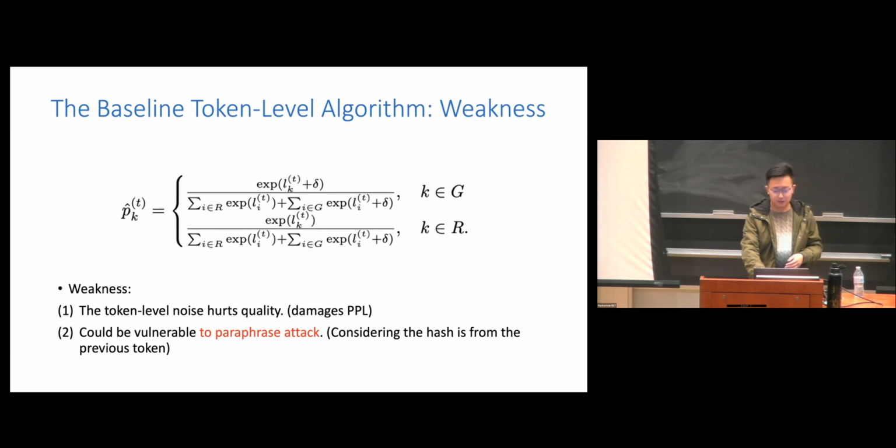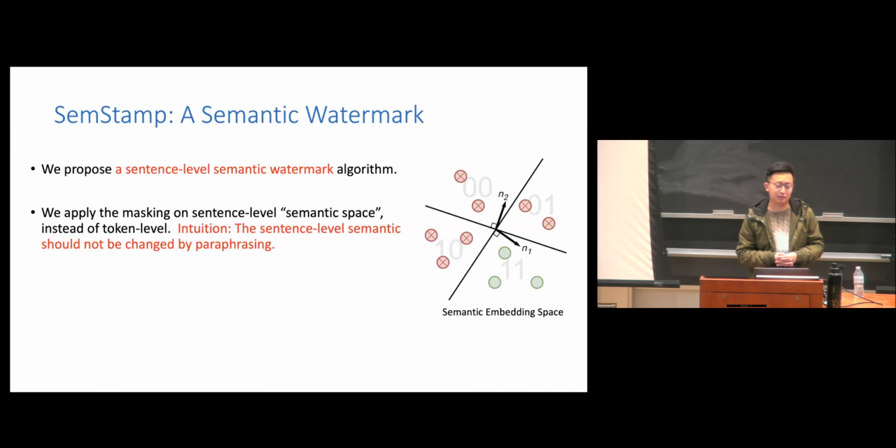Because of this weakness, we propose a semantic watermark that is on the sentence level instead of the token level. By intuition, instead of masking the token level vocabulary space, we mask on the sentence level semantic space. The intuition is that the semantic of the sentence should not be changed even after paraphrasing, so our watermark splits will be stable.